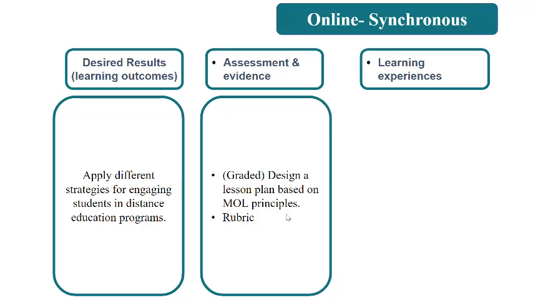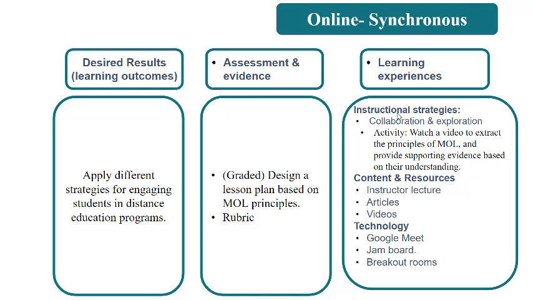And there should also be an alignment with the learning experiences. That means I need to define or determine the instructional strategies, for example, for collaboration and exploration, the activity: watch a video to extract the principles of meaningful online learning, and provide supporting evidence based on your understanding from the video.